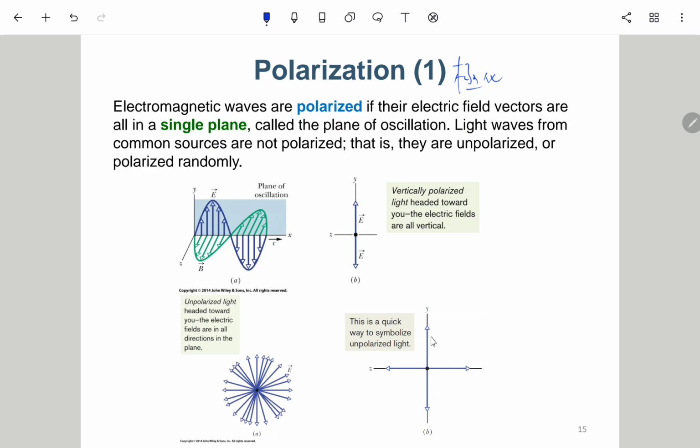For this case, if there are many different angles of E field oscillation, we say this is unpolarized or polarized randomly.